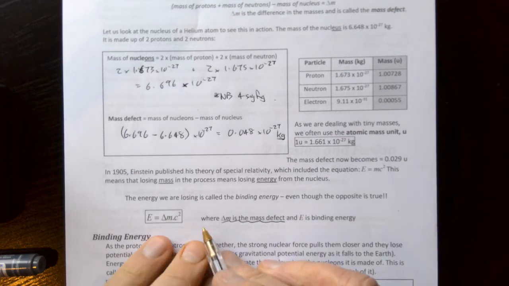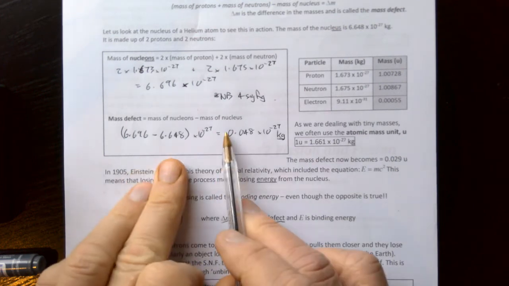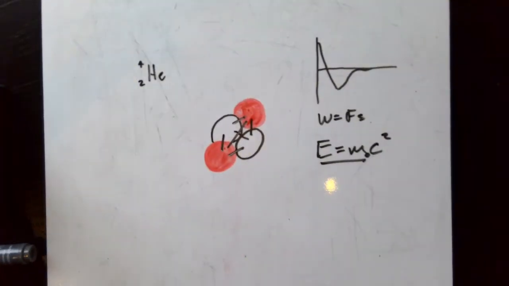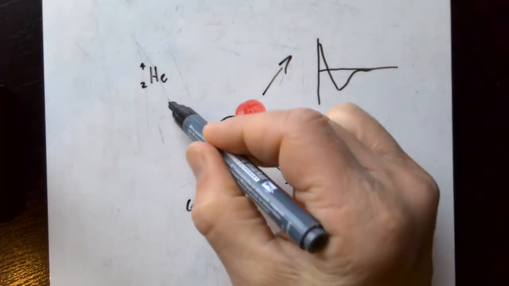Okay, what does this energy look like? Well, again, don't fall into the trap of going, oh, heat, what's that about? No, these are particles that were together. There we go. And if those particles are then split apart, well, they're going to shoot off with kinetic energy.